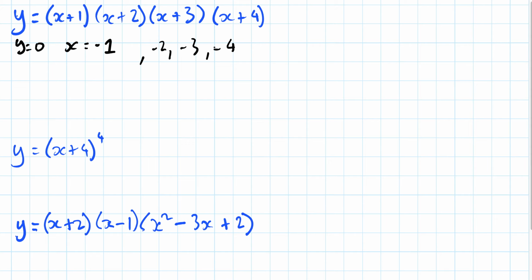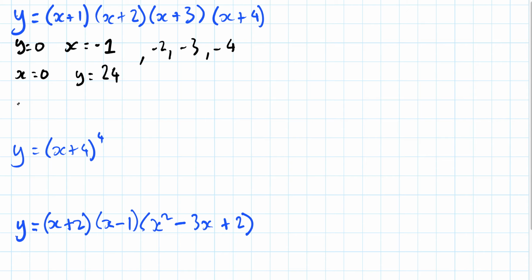And then we take when x equals 0 to find out where it crosses the y-axis. So that will be 1 times 2 is 2, times 3 is 6, times 4 is 24.